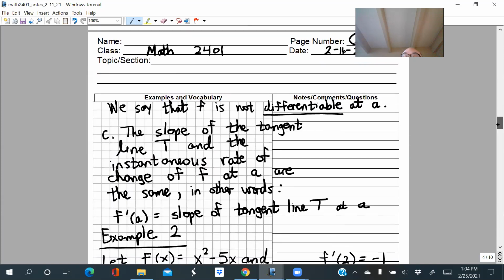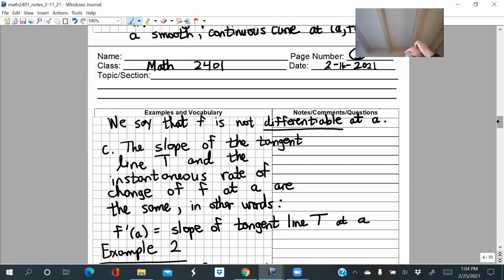In that case, we say that the curve or the function is not differentiable. So there's a college word for you, differentiable. It's hard to spell. If you don't have a tangent line at a particular point on a curve, we say the function is not differentiable at that point.